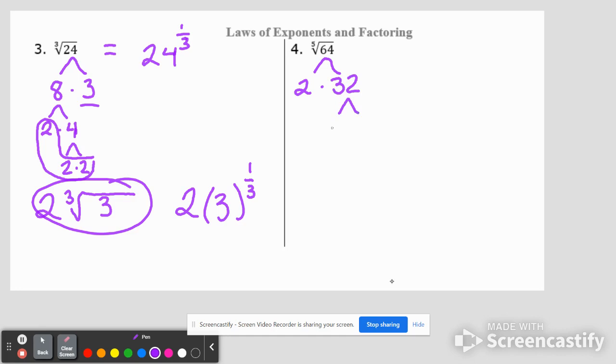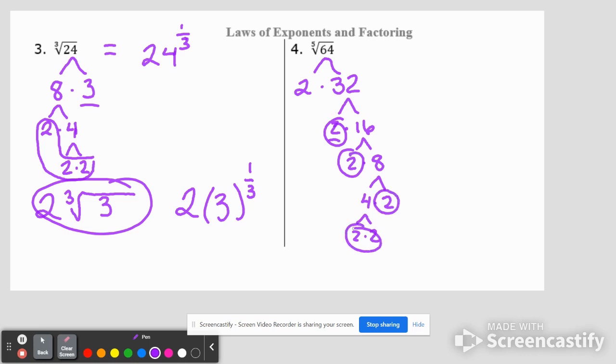I could start with 2 and 16, and I keep going, 2 and 8, continue on, 4 times 2, and 2 times 2. So if you look here, I had 1, 2, 3, 4, 5 2s.